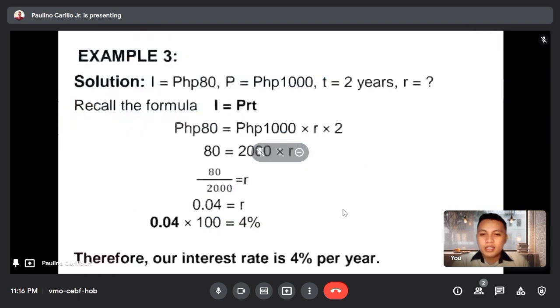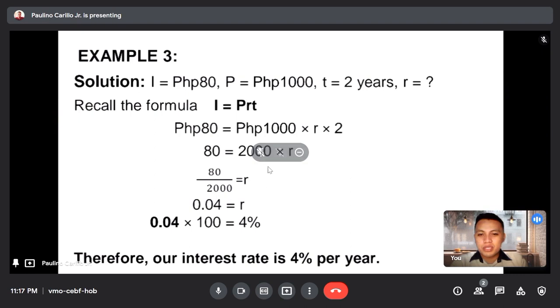Okay? Again, the given are 80 pesos, 1,000 pesos, 2 years as our time, and the ask is the rate. Okay, recall the formula. We have here I equals PRT. Our I is 80 pesos, and our principal is 1,000 pesos, times R, which is the ask for our problem, and the 2 is the years or the time.